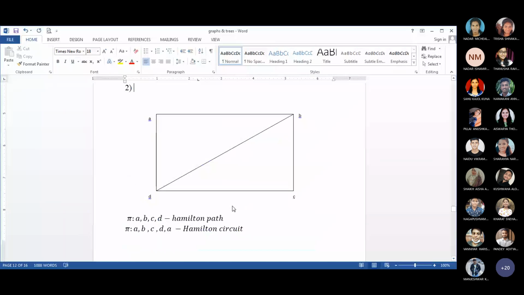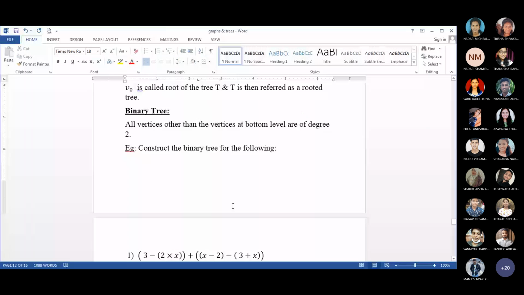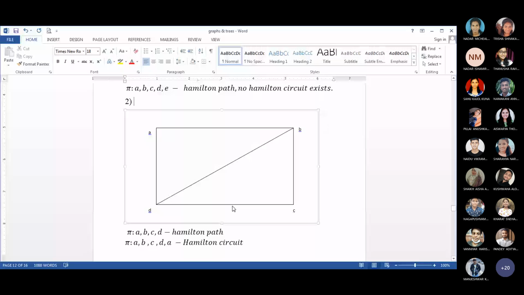I'll try to explain this with respect to this diagram. I'll try to explain with this example. In this example, the one seen on the screen, how many vertices do you have? 4.